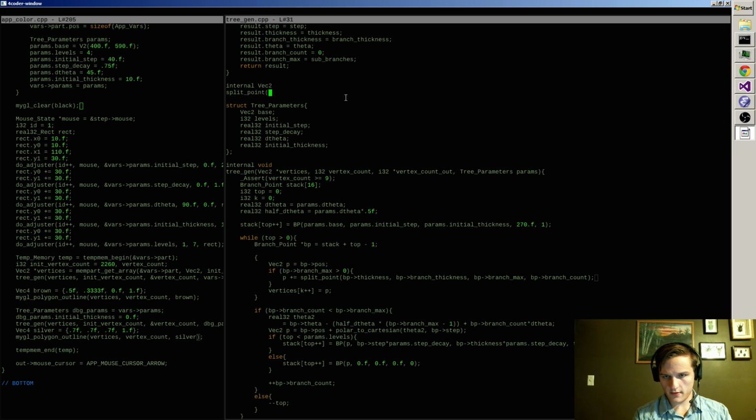Split point, thickness, we're going to rename these big R, D, distant, the small distance, the big distance, big dist, small dist.